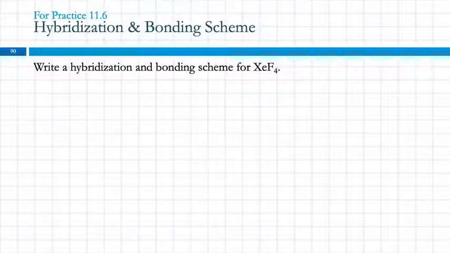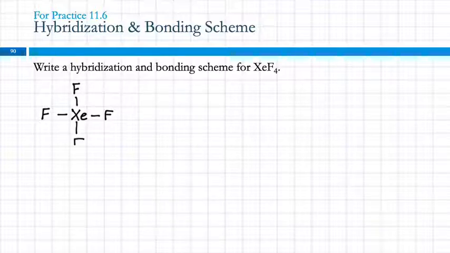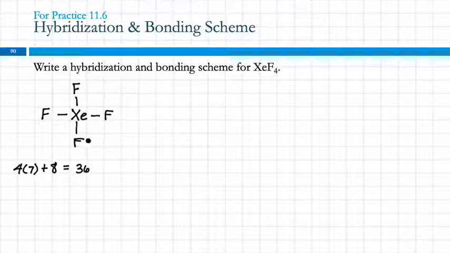Write a hybridization and bonding scheme for XeF4. So we have to start off with the Lewis structure. So xenon, and then we've got 4 fluorines, so we'll put those around. And then for electrons, I have 4 times 7 is 28, plus 8 is 36.